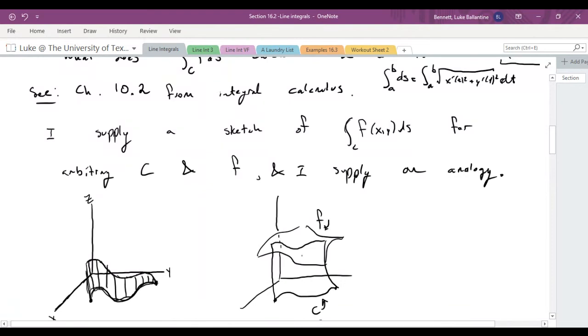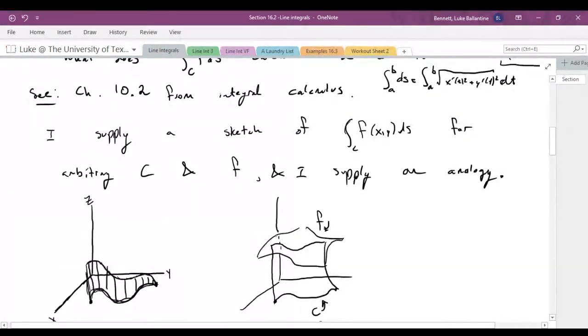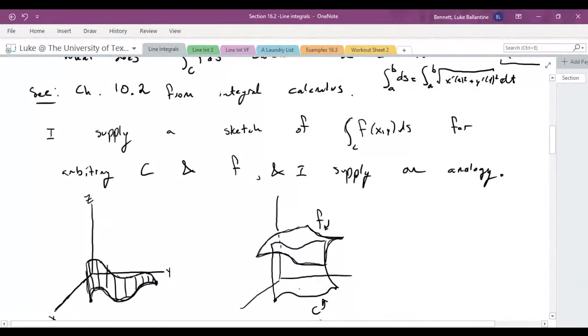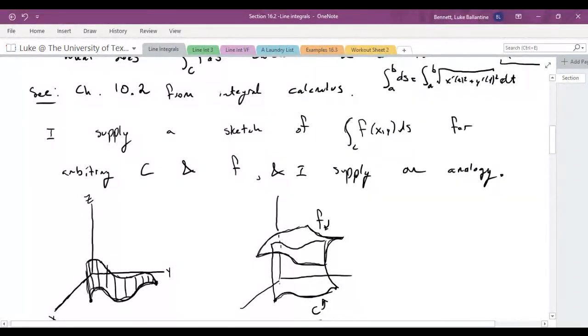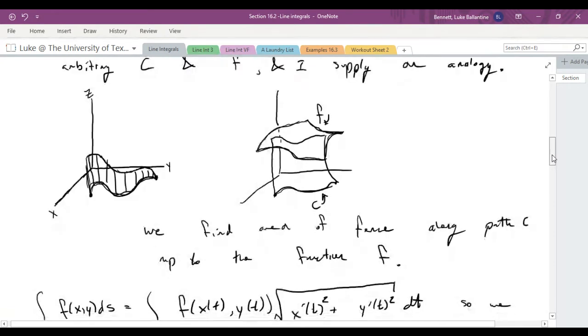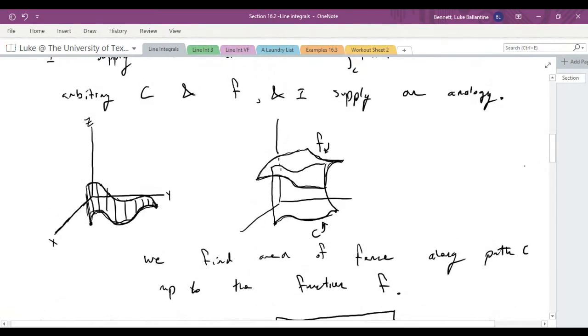Another way to picture it would be if we had a flying bed sheet, that is our surface of our function f mapping R2 to R. And we have the curve lying on the xy plane beneath it, and we're going all the way up to the function. So the analogy is a fence: finding the area of the fence along path C up to the function f, a curve C up to f, with variable height.